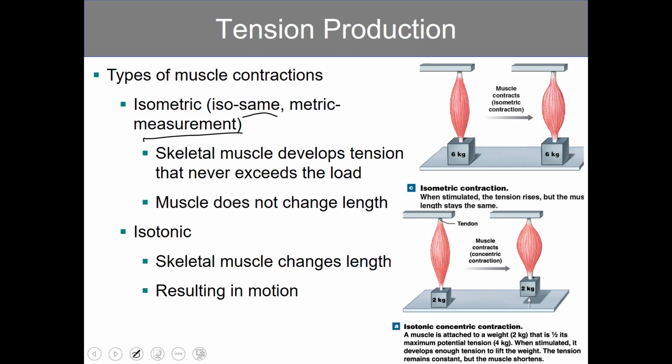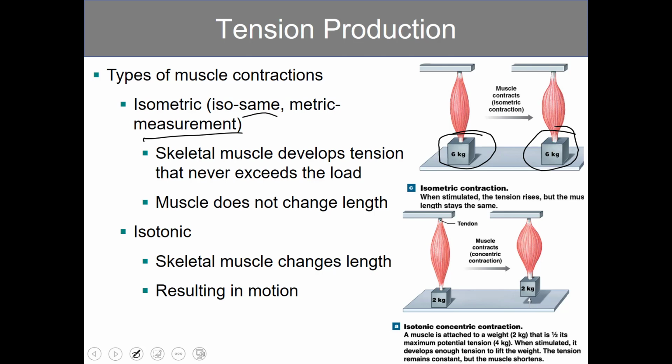And this occurs when the resistance or the weight that that muscle is trying to lift is too much. It's more than the muscle can physically lift. So if I were to tell you to walk over and push down the wall, you could go over to the wall, you could contract your muscles, but you would not be successful in pushing it down. So that would be an isometric contraction.